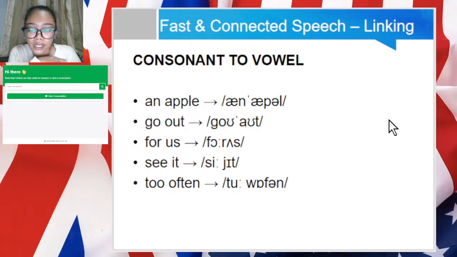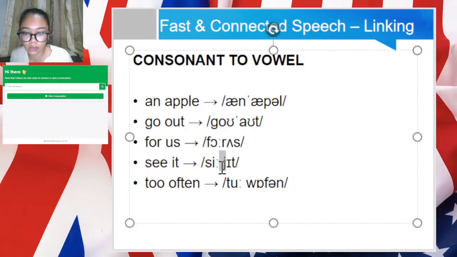Okay. Next, "see it, see it." Again, "see it, see it." Now notice on the phonetic transcription, this one, the J sound. How do you pronounce this one again? That's not pronounced as J. What sound in the phonetic IPA alphabet has the same transcription as this?